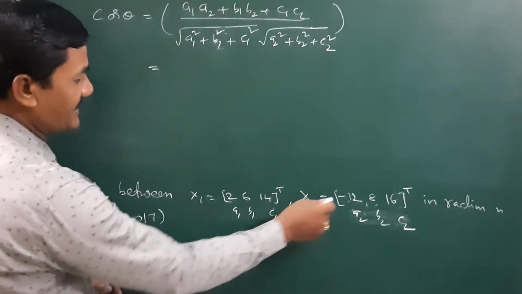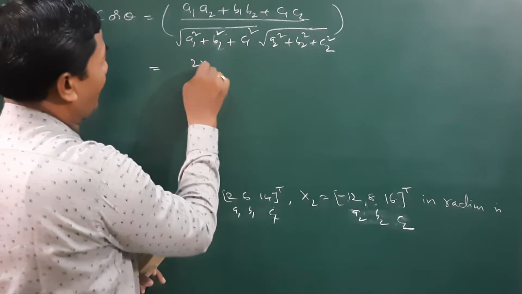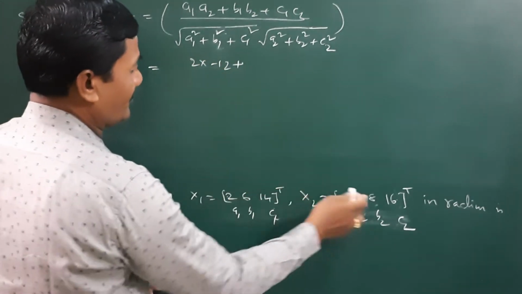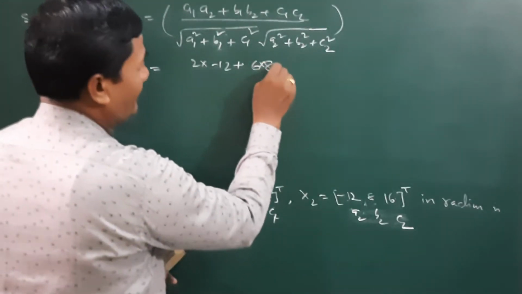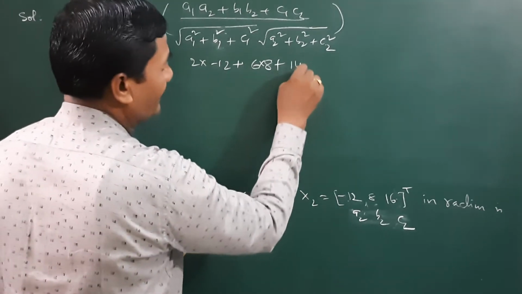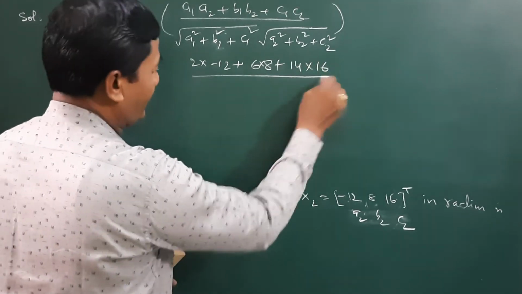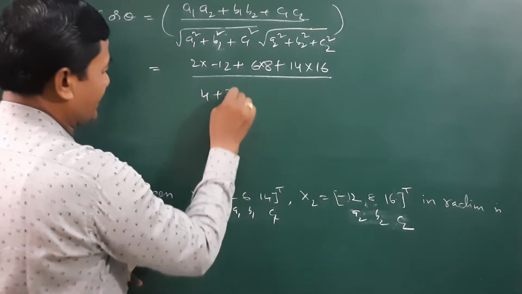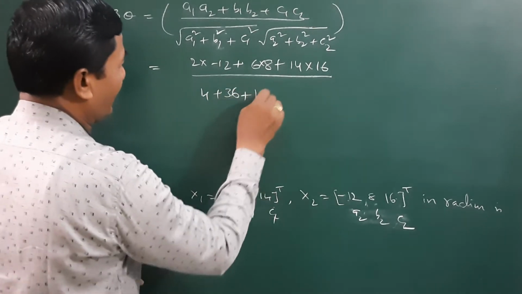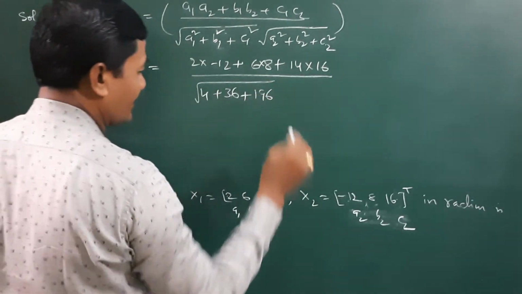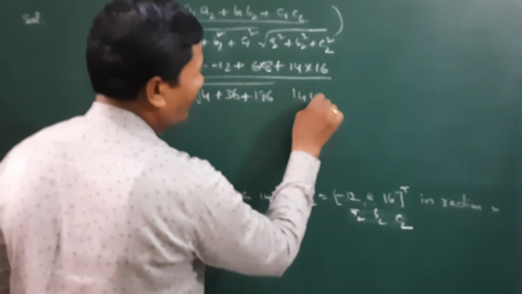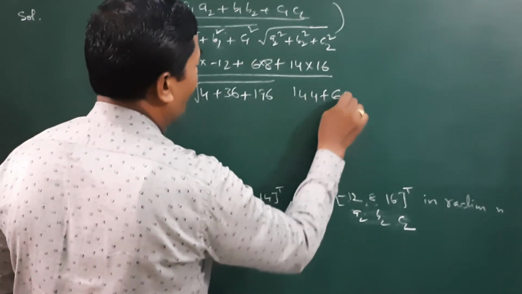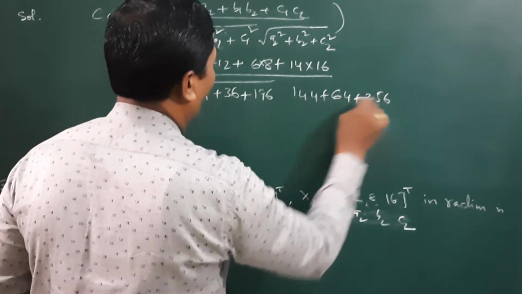So the numerator is 2 into minus 12, plus 6 into 8, plus 14 into 16, divided by the square root of 2 square is 4, plus 6 square is 36, plus 14 square is 196, times the square root of 12 square is 144, plus 8 square is 64, plus 16 square is 256.